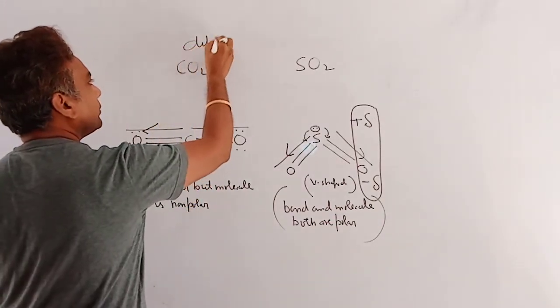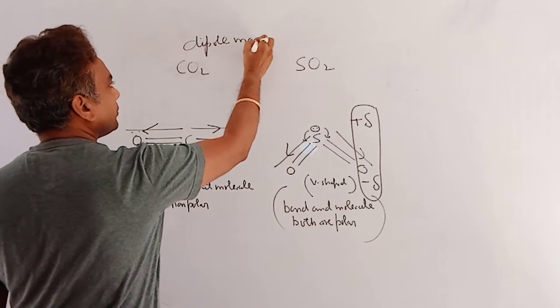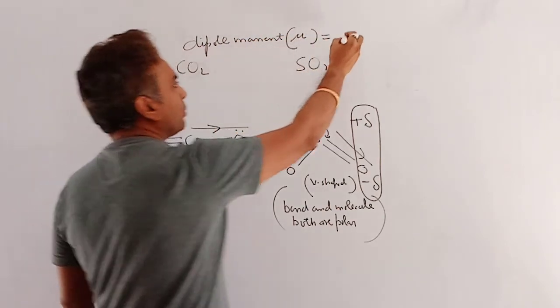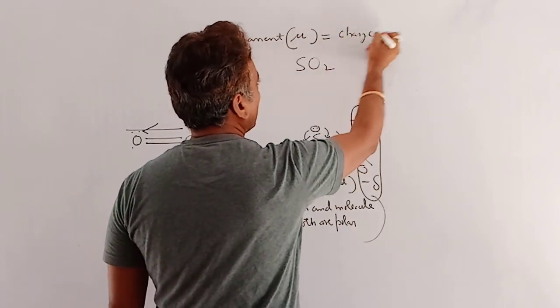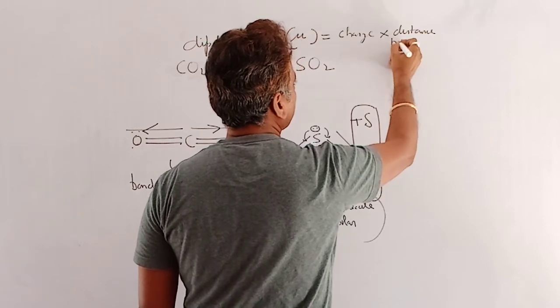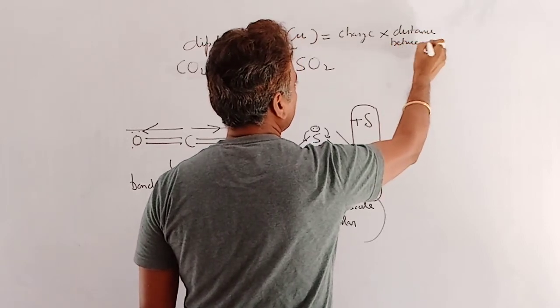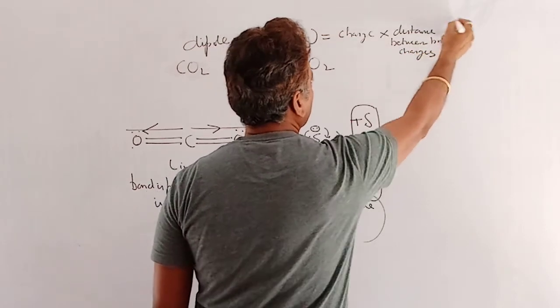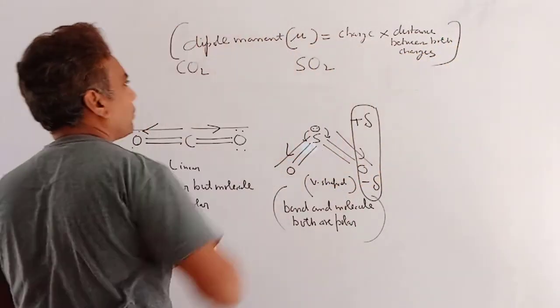Dipole moment is denoted by mu, and the magnitude of dipole moment is the charge multiplied by the distance between both charges. Here is the formula of dipole moment.